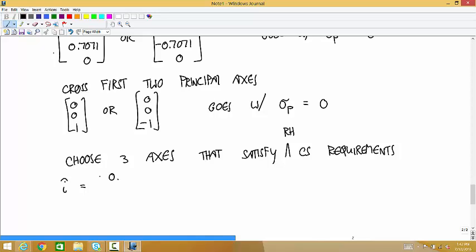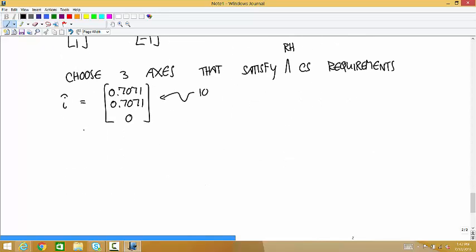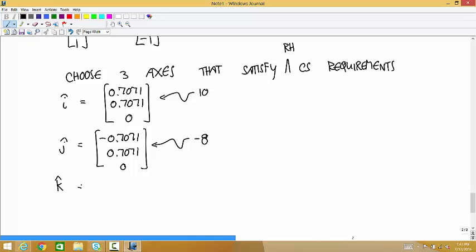So we'll choose our new I to be 0.7071, 0.7071, 0. And that goes with the 10. Our new J is negative 0.7071, positive 0.7071, 0. And that goes with negative 8. And then our new K, choose 0, 0, 1. And that goes with 0.